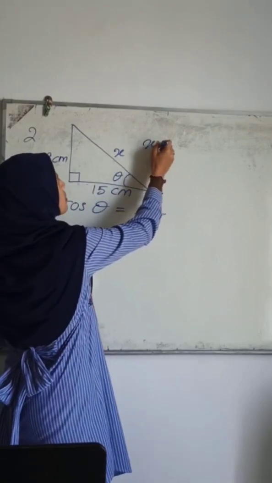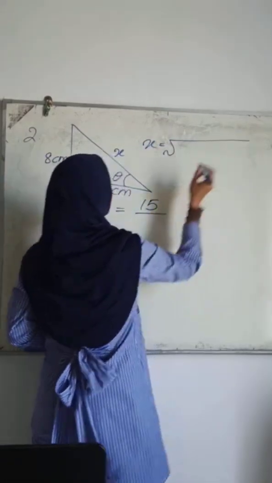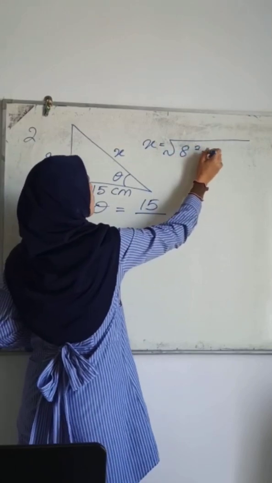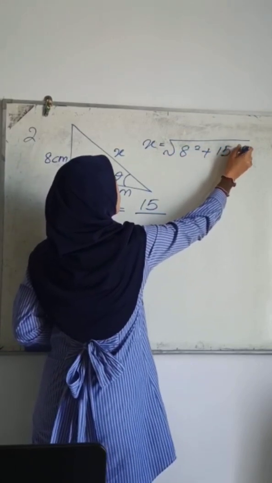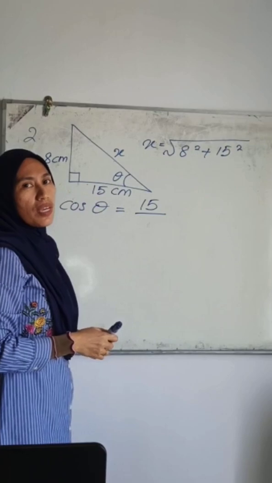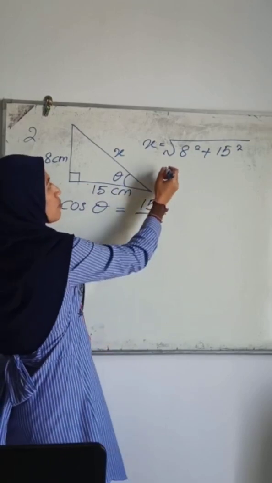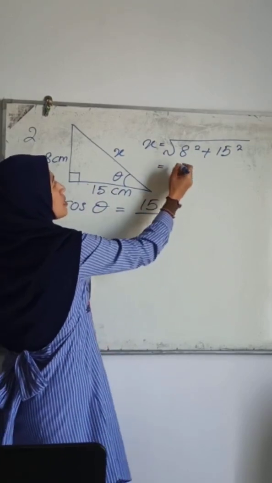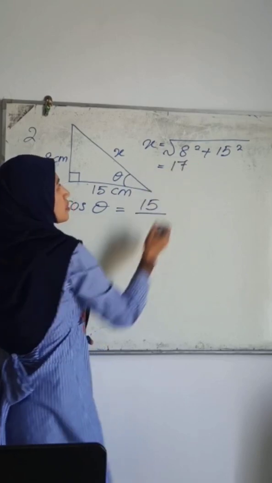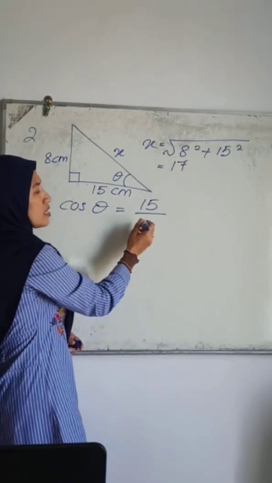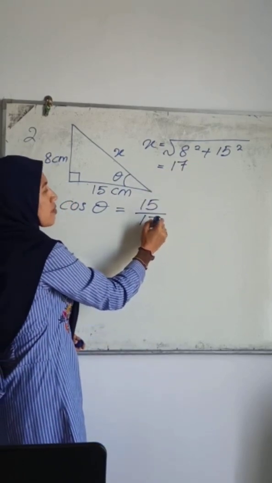So x is equal to the square root of 8 squared plus 15 squared. You can press your calculator to find the value of x, which is 17. So cos theta is equal to 15 per 17.